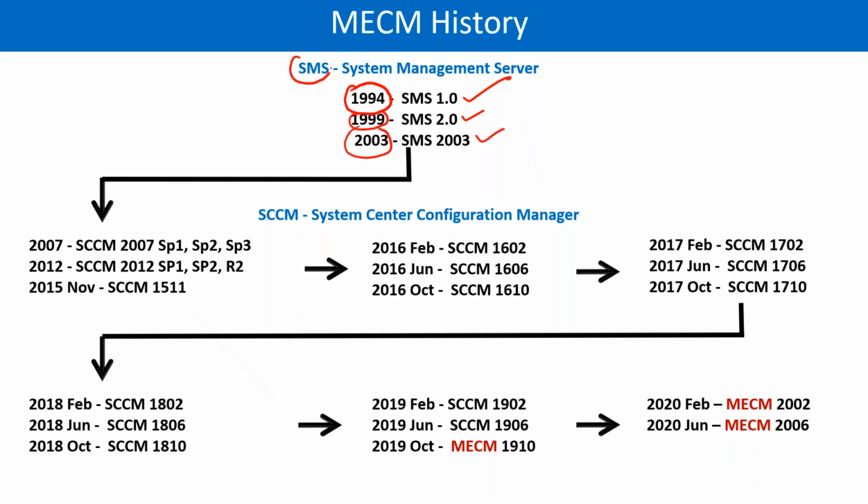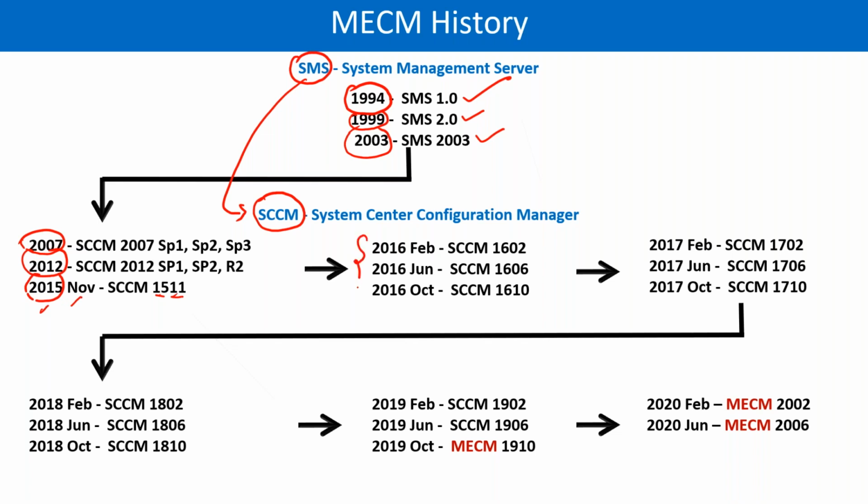So SMS was what? System Management Server, but they changed the name in the year 2007 and the new name is System Center Configuration Manager. They released SCCM 2007, then SCCM 2012, then SCCM 1511. What is 15? 15 is year, as you see, and 11 is month, November. So 1511.